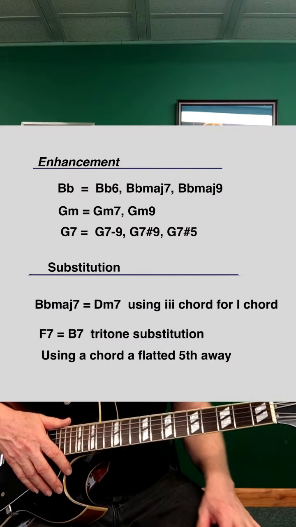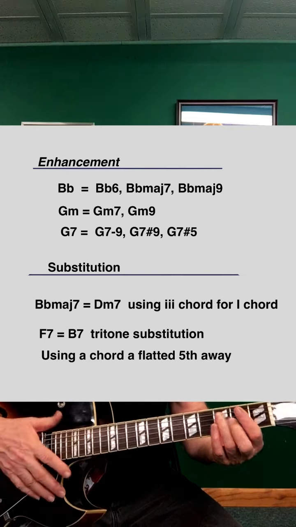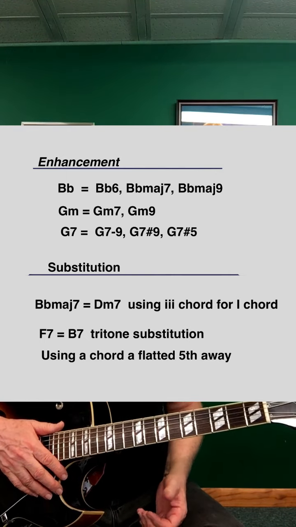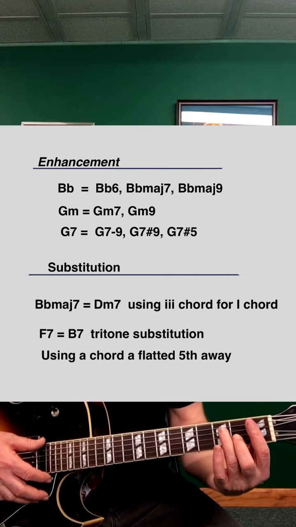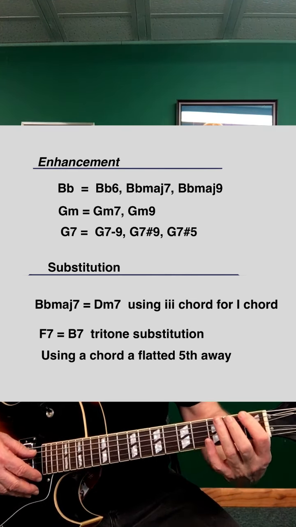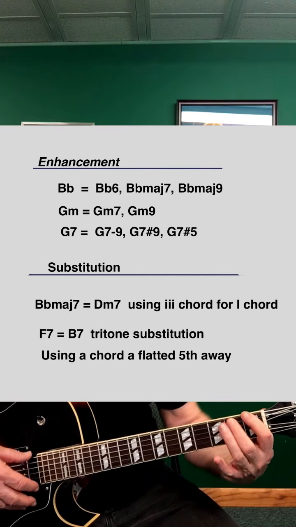And in my little talk here, I'm going to be dealing with two main substitutions. First of all, what they call the tritone substitution. What this is, if you're a guitar player, an easy way to do this is, if I take any given 7th chord, like F7, and find the flatted 5th root away from it, which can be done very easily on the guitar in this manner.